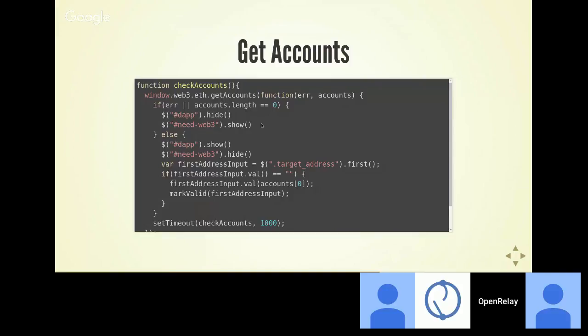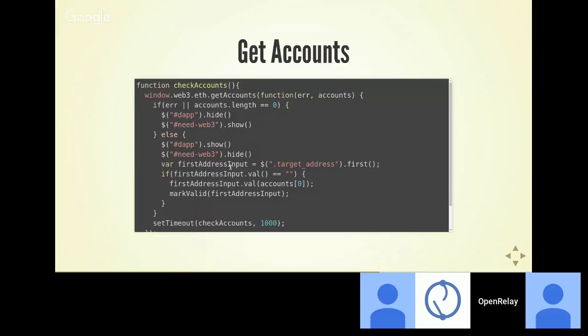So by hiding the DApp and showing the need Web3 message, we've hopefully given the user enough information to fix their situation. If we didn't get an error and the accounts list has a length of greater than 0, then we're going to show the DApp and hide the message that says you need Web3.